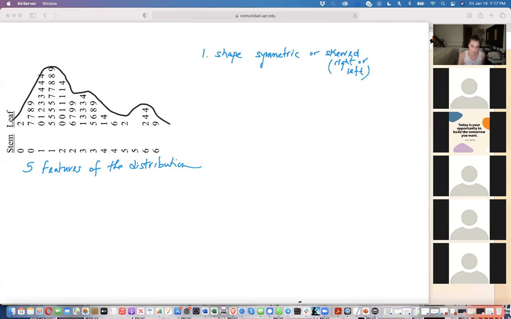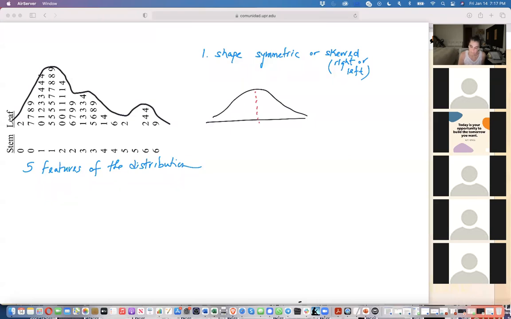What is symmetric? Symmetric would look like this. From the center position or the center value, you have a mirror on the other side. So this is roughly symmetric. What does it mean?